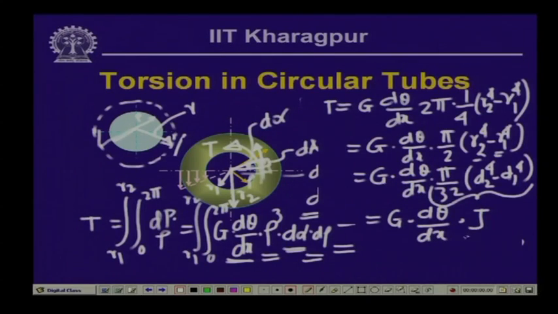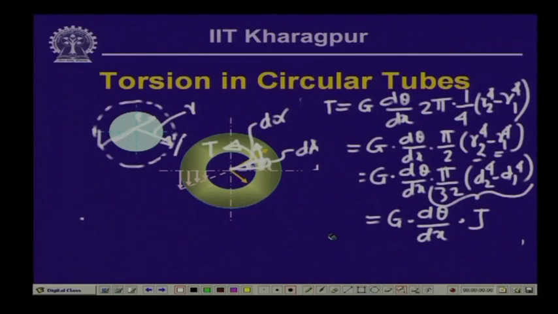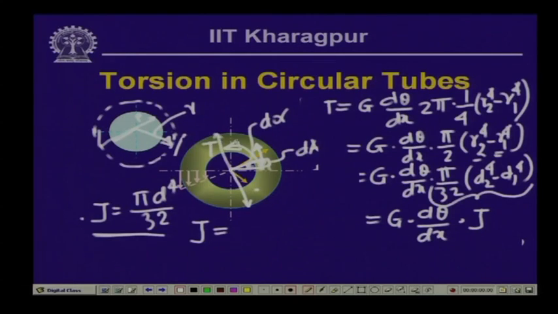For the solid shaft, J was pi d to the power 4 by 32. Here, for the hollow section, J is pi by 32 times d 2 to the power 4 minus d 1 to the power 4.